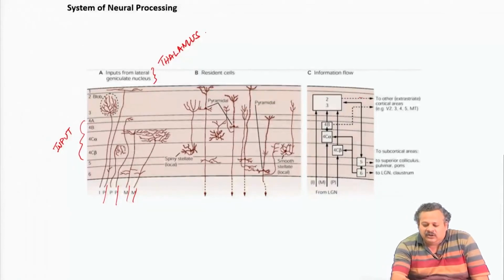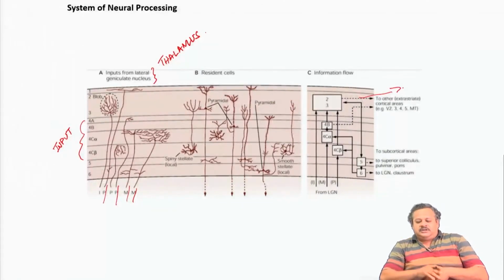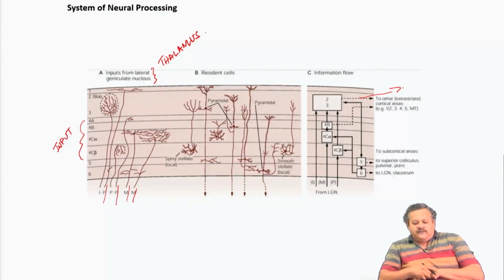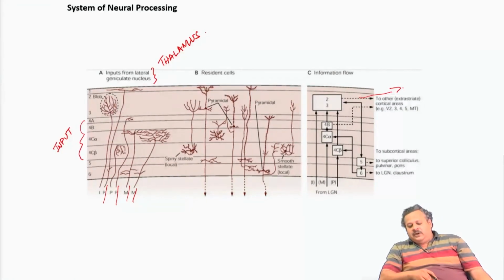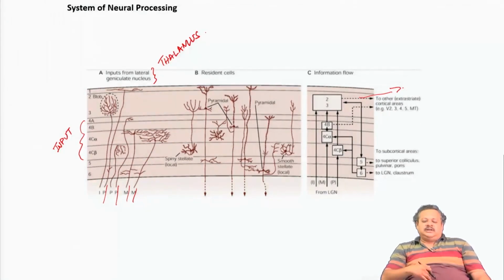Layer 2, 3 then talks to other cortical regions, and also connects to layer 5. Layer 5 is the region that connects to the lower, subcortical areas, and layer 5 connects to layer 6, and layer 6 projects to the thalamus, that is, it contains the reciprocal connections from the cortex to the thalamus.